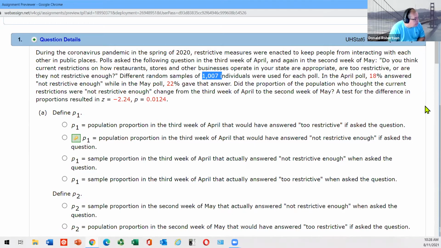Well, it is what it is. Did the proportion of the population who thought the current restrictions were not restrictive enough change? Yeah, looks like it went up. They told us the Z statistic, -2.24, and they even told us the p-value.